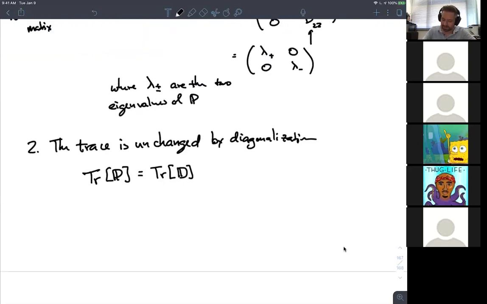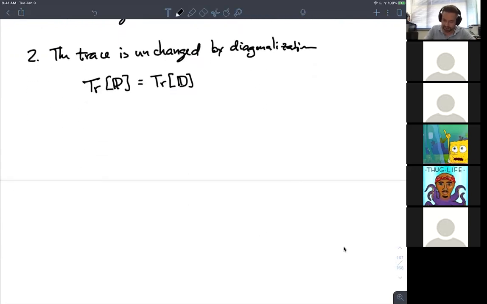And hey, look at this. If this is D, you can see what the trace is going to give you. The trace is just going to be the sum of eigenvalues. So this is just going to be lambda plus lambda minus, our two eigenvalues of P.